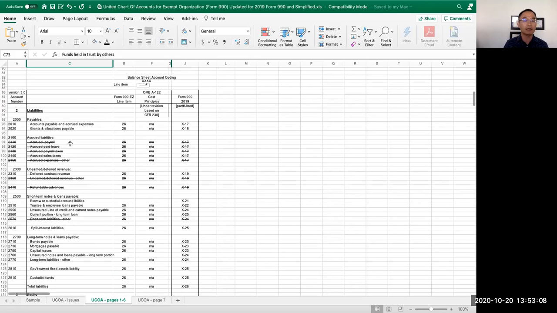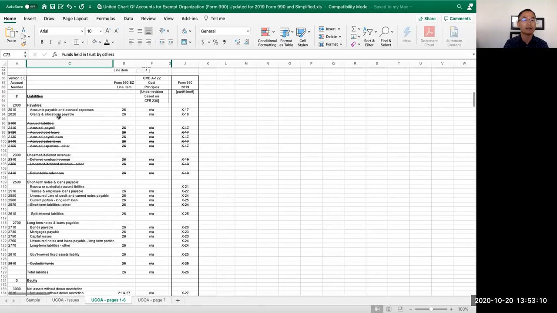So the liabilities, accounts payable and accrued expenses, I combined them together. Before you have the accrued expenses, all of these, I don't think we need that. And if most people have payroll and the payroll company take care of the liabilities, we don't have to book it, okay?